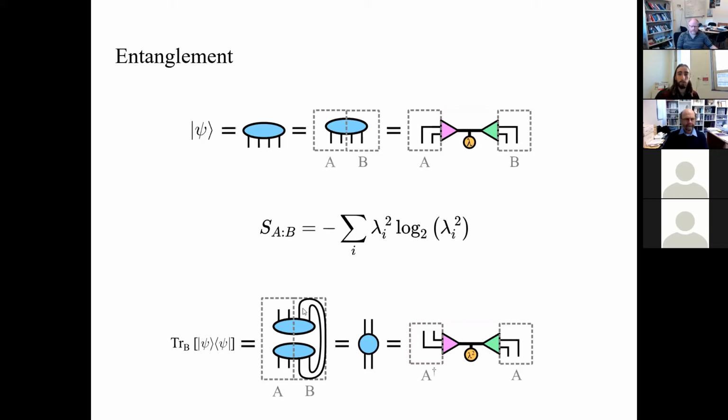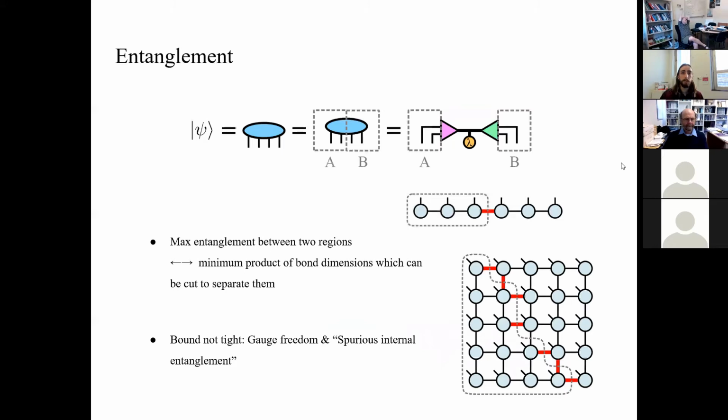And for those of you more comfortable with density matrices, you can also define entanglement by taking a trace over one subsystem in your reduced density matrix. Then your singular values are already squared. So like I said, a larger bond dimension means that more entanglement can be supported.